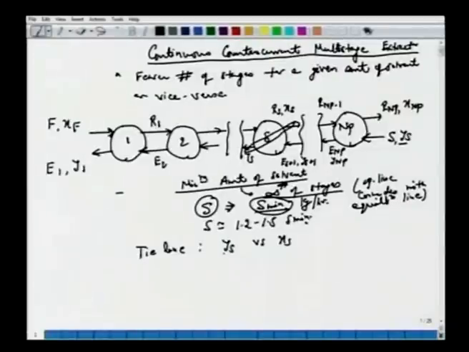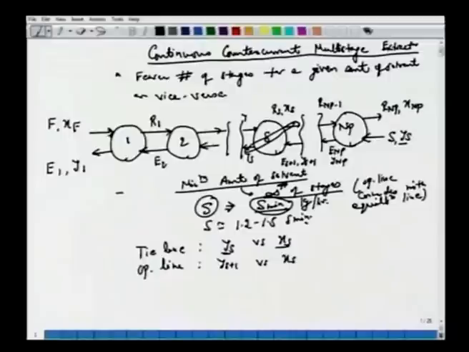So the equation for the tie line connects YS versus XS, and we have the same convention for the operating line. We have YS plus 1 versus XS. So YS plus 1 is here, YS is here. So we have YS plus 1, which would be the next stage here.